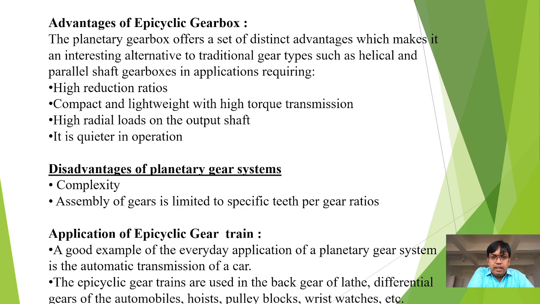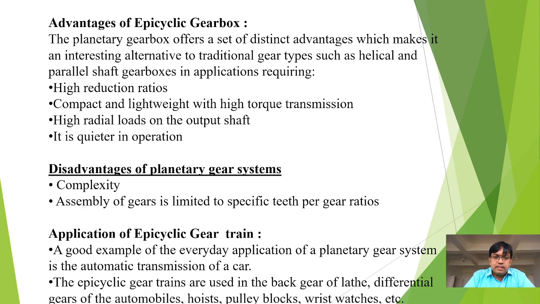But the combination that we use, the planetary system with the sun gear, is very complex in nature. Therefore, that could be one of the disadvantages of planetary gears. And when it comes to applications, these epicyclic or planetary gear trains are used in the automatic transmission of cars, and are also used in pulleys, wristwatches, milling and lathe machines, etc.